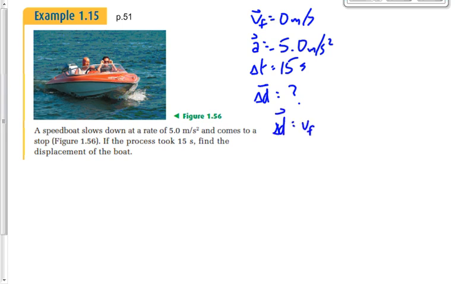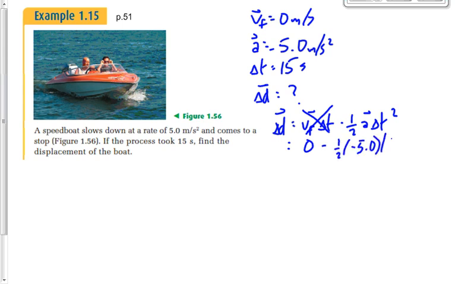VFT minus 1/2 AT squared. VF is 0. What's 0 times 15? We know this one. I hope we do. 0 times 15 is, well, we better know that. 0 times 15 is 0. So I'm just going to put in the term 0 right there, right? A is -5.